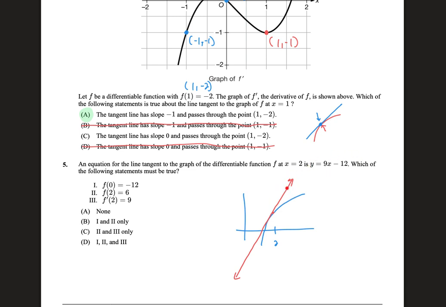So the slope of this tangent line is 9, whatever that m is. But remember, the slope of the tangent line at some x value is the derivative. So that means that f prime of 2, the slope of the tangent line at 2, equals 9. Okay, so that means that 3 is true.